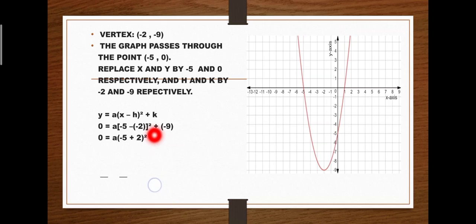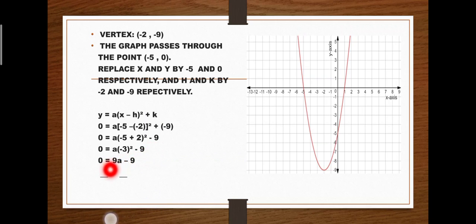Then, positive times negative is negative 9. So, 0 is equal to, copy A, negative 5 plus 2 is negative 3 squared minus 9. So, since na-solve na natin itong nasa loob ng parentheses, yung final answer na yung i-square natin, okay? So, 0 is equal to negative 3 squared is equal to negative 3 times negative 3. So, negative 3 times negative 3 is equal to positive 9.